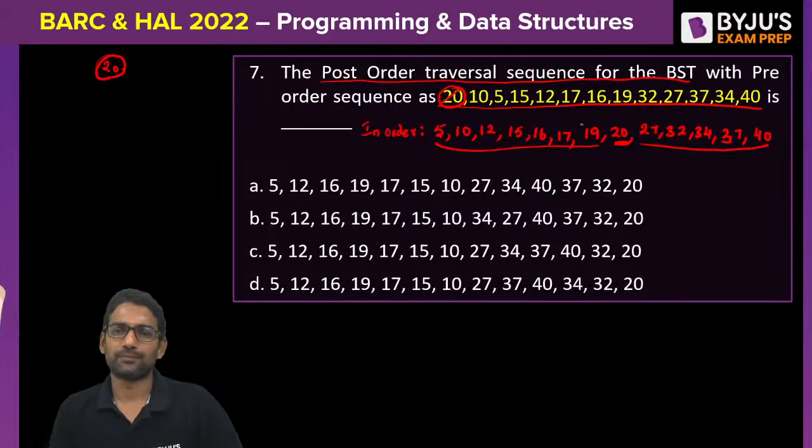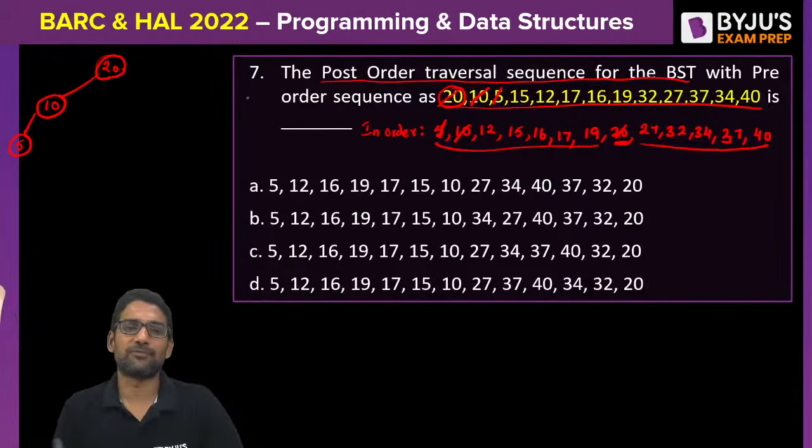Now in these elements, 10 is upfront, so 10 would be parent. When 10 is parent, 5 will be left of 10. Now in this, 15 is upfront, so 15 would be the right child of 10.